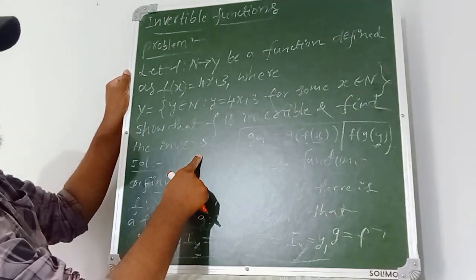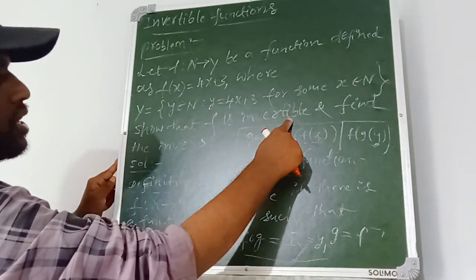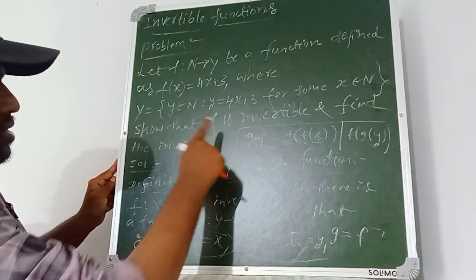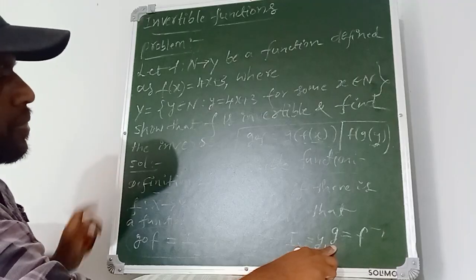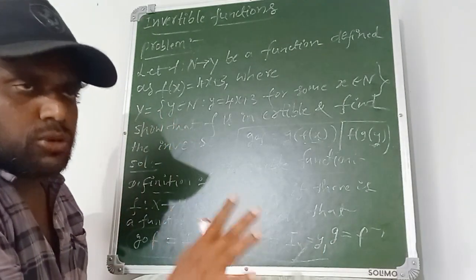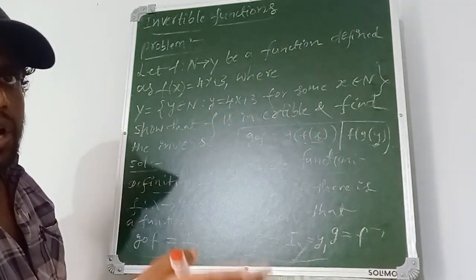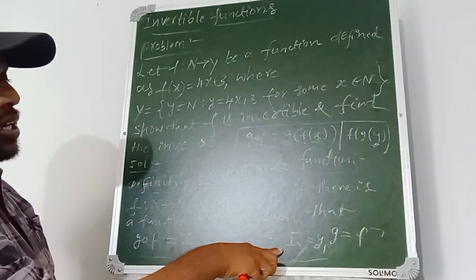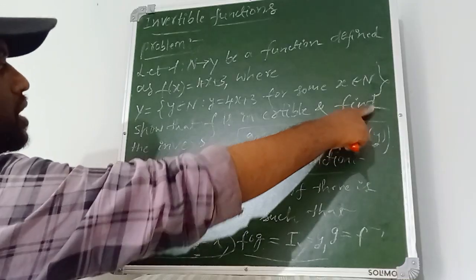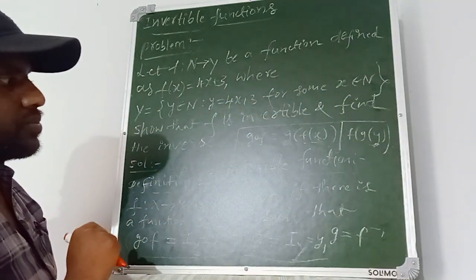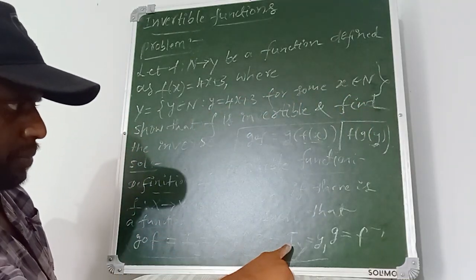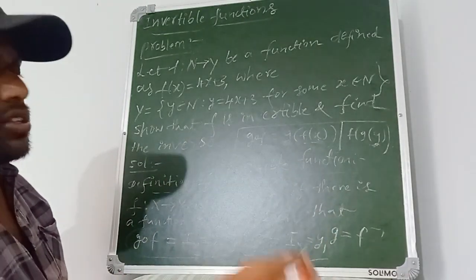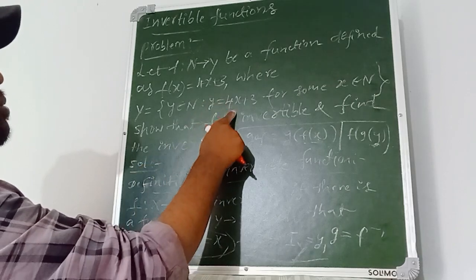So according to the problem, we have proved f is invertible, and the inverse of f is g. The question asked to prove f is invertible. We proved it using this definition: we proved this and this, that means f is invertible. Another condition is to find the inverse. According to this definition, g is the inverse. We found that also. So this problem is solved.